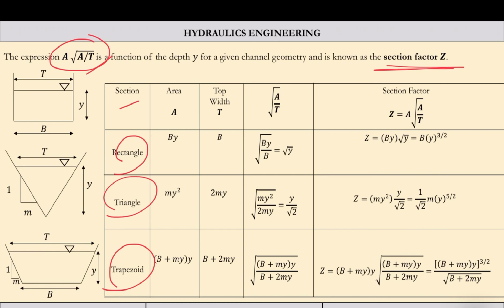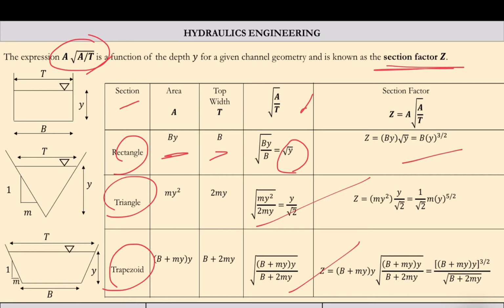For a rectangle, area is B into Y, top width is B because T is top width. So root over A by T will be root Y. Multiply with this area, so you will get B into Y to the power 3/2. Similarly you can calculate for triangle and also for trapezoid.